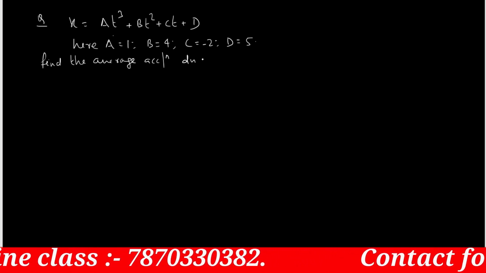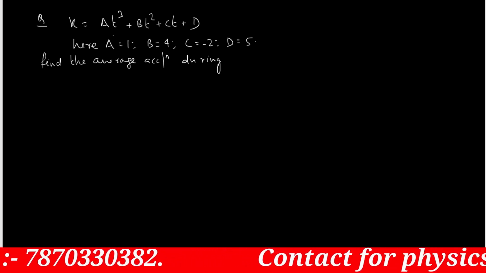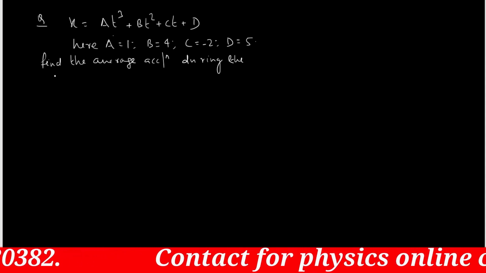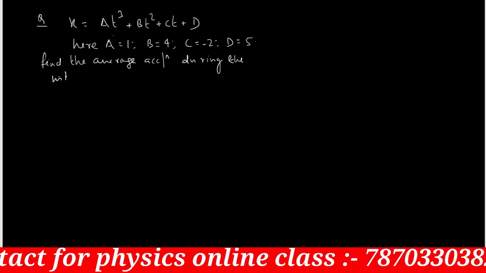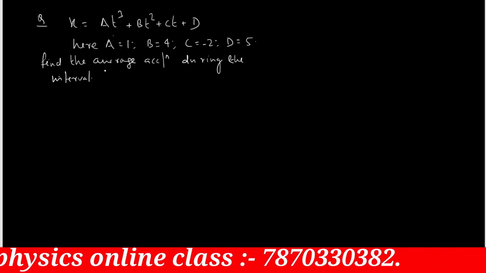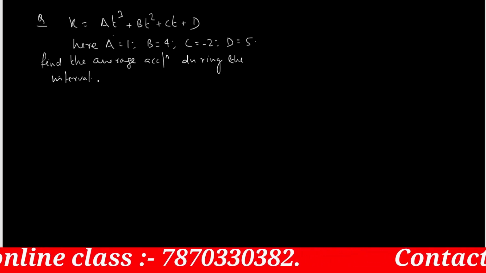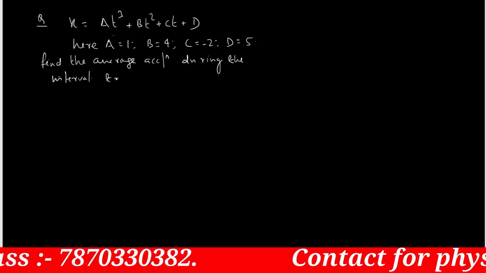What is x? X is position, the position of the particle, and t represents time, during the interval t equal to 0 to t equal to 4.